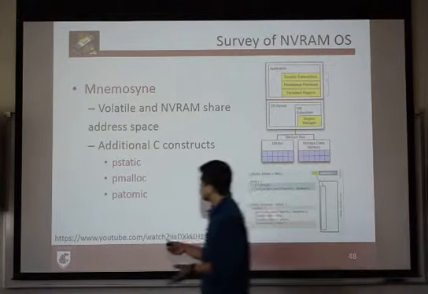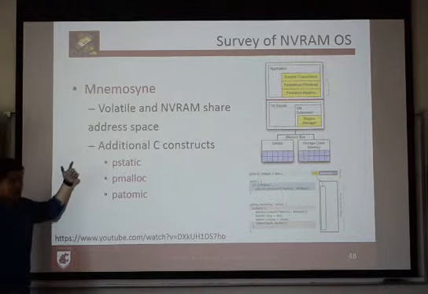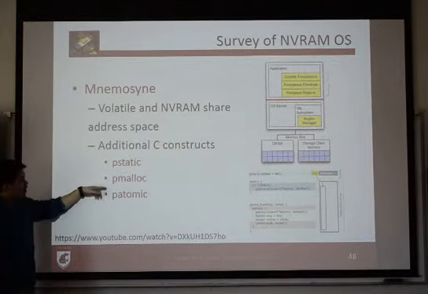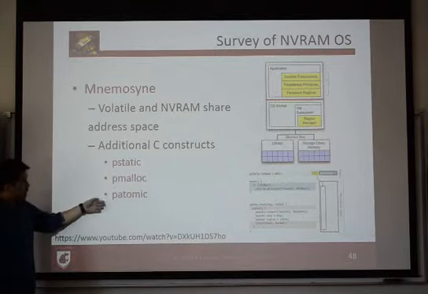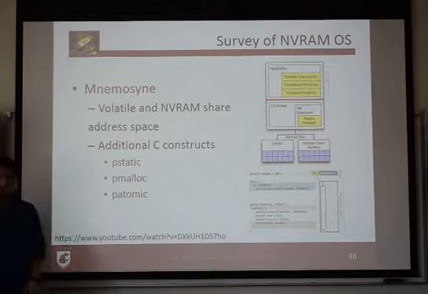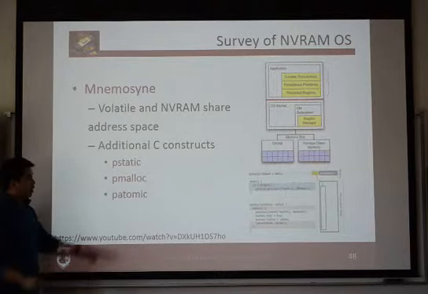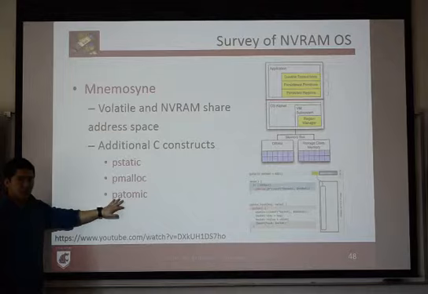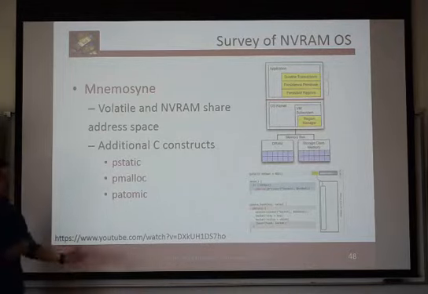And they added some C constructs like pstatic, so you can store a variable onto the persistent memory. You can have pmalloc to allocate memory on the persistent memory. And as the paper before, or the slide before, we need to write atomically to keep your data structures within your persistent memory consistent.